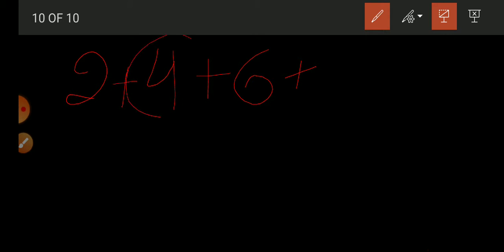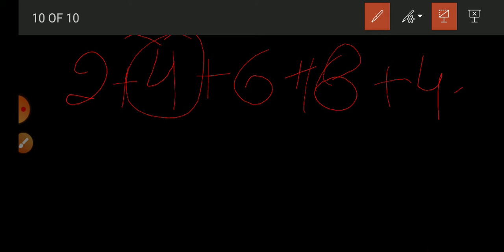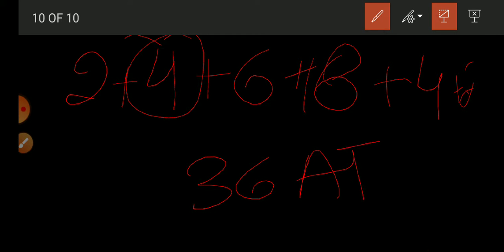Here 2 ATPs are utilized in glycolysis. Then from the Krebs cycle we get 6 NADH2, so it means we get 18 ATPs. Then from 2 FADH2 we get 4 ATPs, and from the Krebs cycle we get 2 ATPs separately. So overall we get 36 ATPs at the end of cellular respiration.